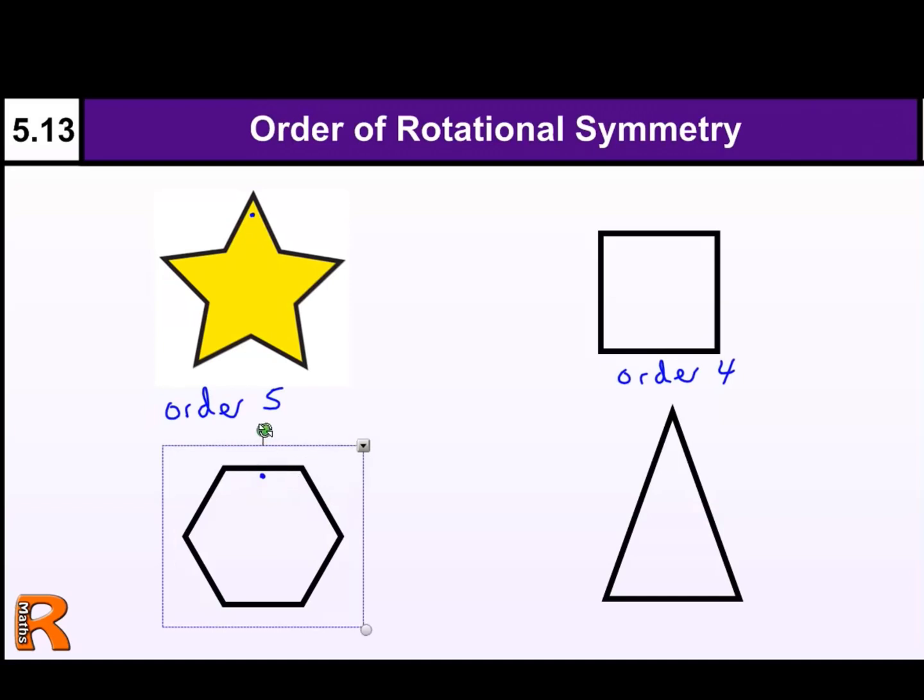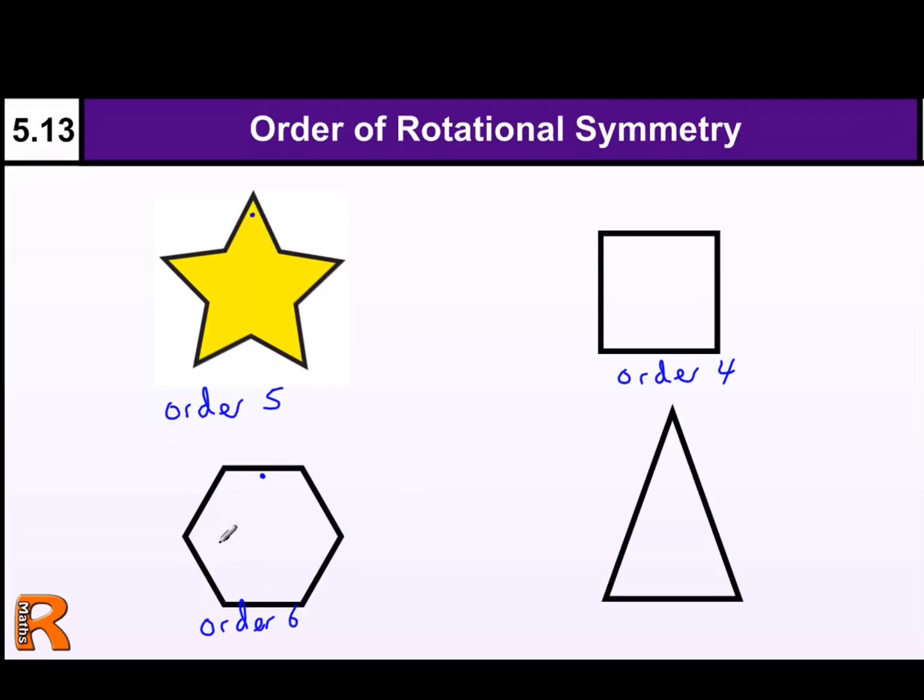So on a hexagon, you probably think it's going to be 6. Let's just check it. Once, twice, 3 times, 4 times, 5 times, and back to the top 6 times. So order 6.